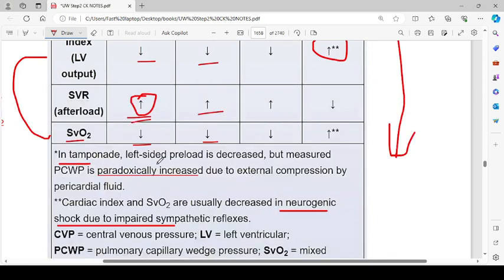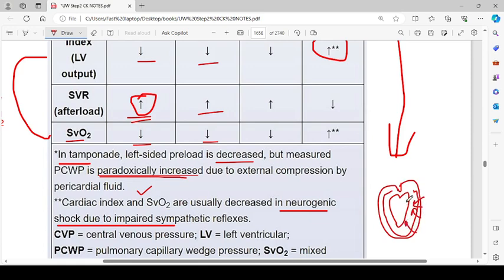In tamponade, left-sided preload is decreased, but measured pulmonary capillary wedge pressure is paradoxically increased due to external compression by the pericardial fluid. That is a beautiful point. Although the preload in the left atrium is low, pressure is being exerted from outside because of tamponade; the fluid is exerting pressure on the left atrium from all sides.